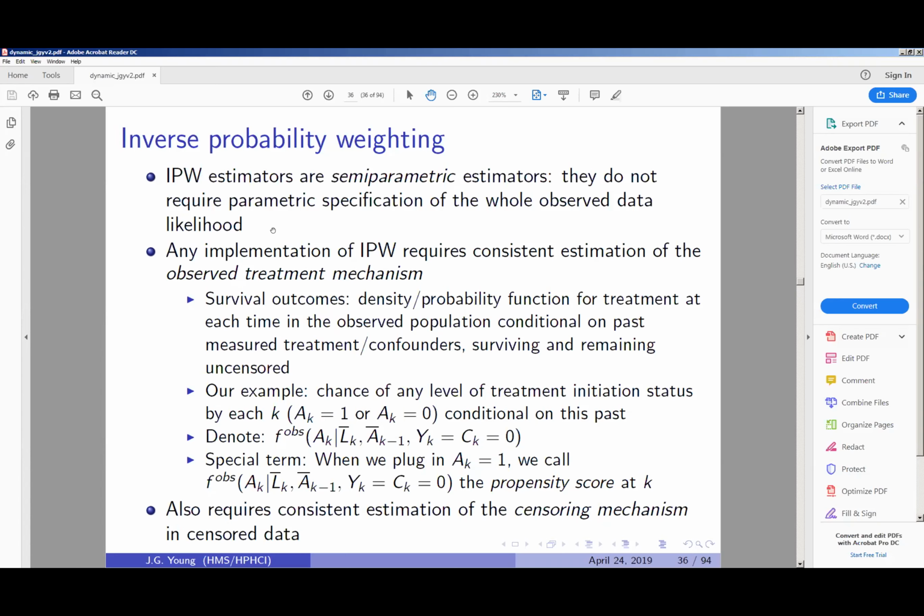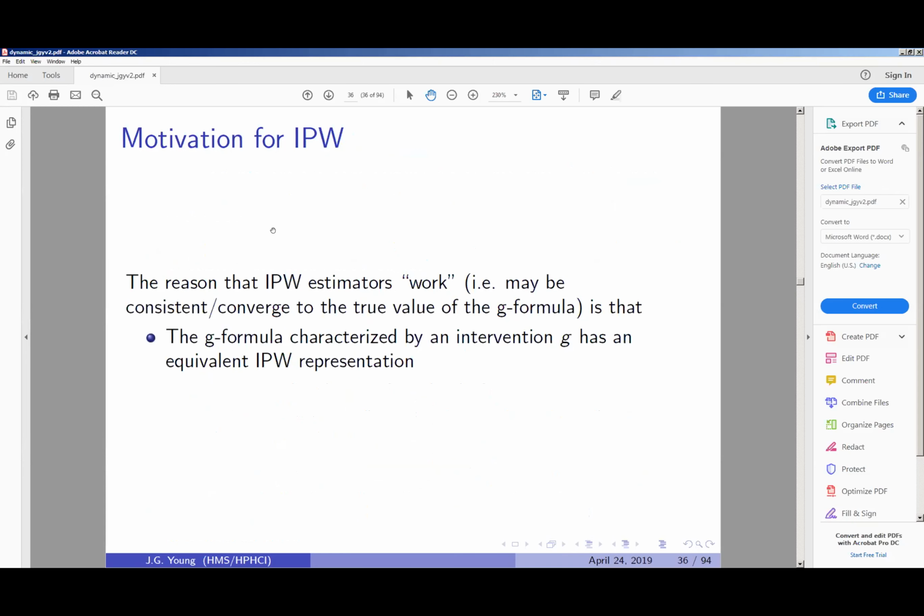And as we'll see, IPW estimators also require generally consistent estimation of the censoring mechanism when we have censored data, which we typically always do, where the censoring mechanism is the probability of being censored at a given time. In our case, this was C_K equals 1, also given the measured past. So these are the 2 things you have to get right. You don't have to specify everything, but you have to consistently estimate typically those 2 things.